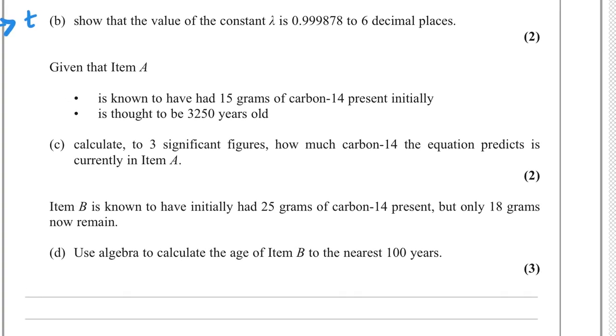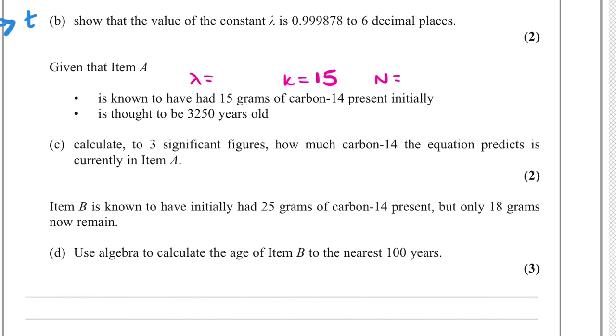Given that item A is known to have had 15 grams of carbon-14 present initially, what does that mean? Lambda equals, or K equals, or N equals? It's K, because it said K was our initial value, right? So K equals 15.